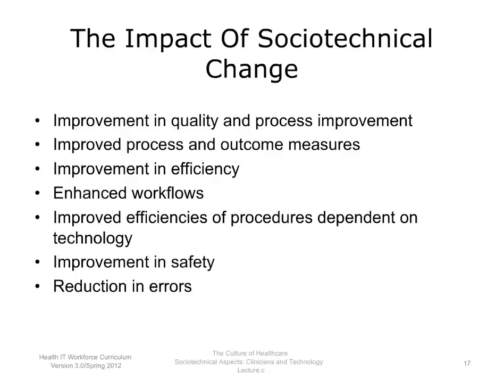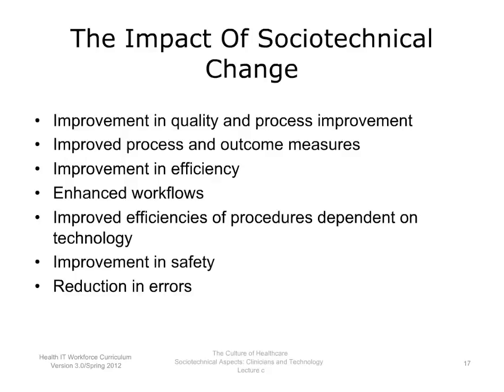New technologies improve efficiencies of processes. For example, using a lower dose of radiation to obtain a CT scan after installing a newer generation CT scanner. Improvements in patient safety and an associated reduction in errors should follow. One example of error reduction is afforded by clinical decision support.